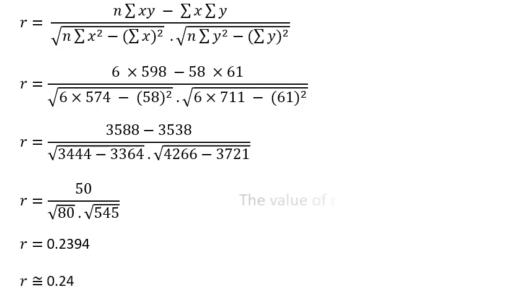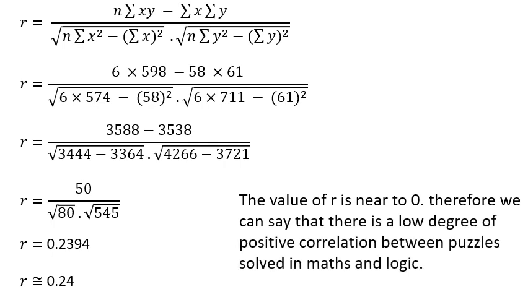The statement here will be, therefore we can say that there is a low degree of positive correlation between puzzles solved in maths and logic. Because the value is 0.24, there is a very low degree of positive correlation between the puzzles solved in maths and logic. Moving on to the next question.